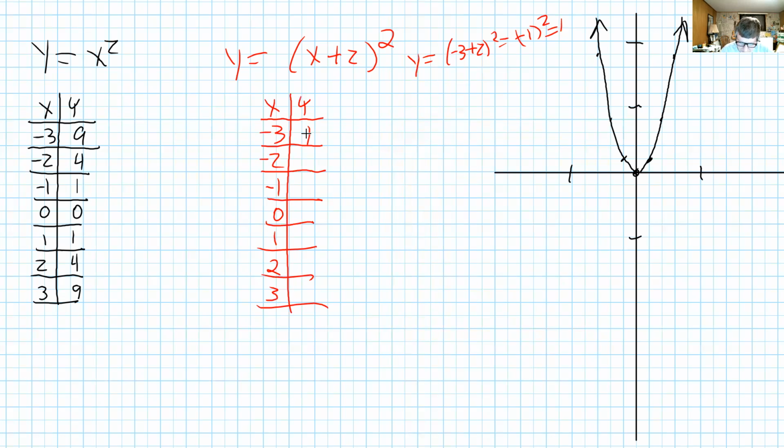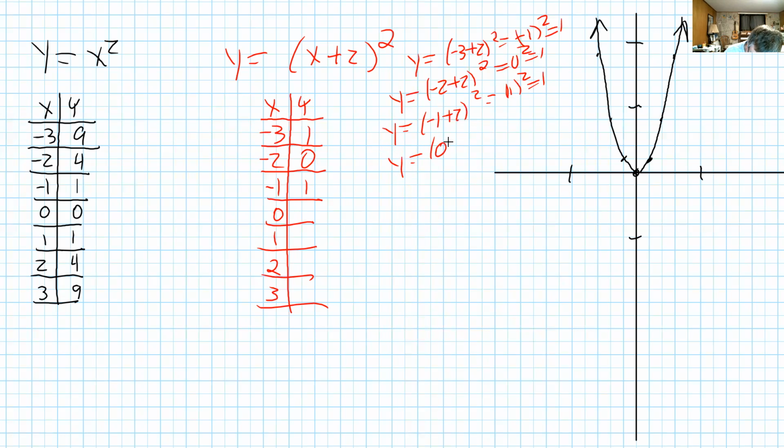Okay. That just seems weird, but all right, if x is -2, y equals -2 plus 2 squared, which is 0 squared, which is 0. If x is -1, y equals -1 plus 2 squared, which is 1 squared, which is 1. The reason I hesitated is I'm having a Monday and I thought, oh, did I mess up again? But I think we're safe.